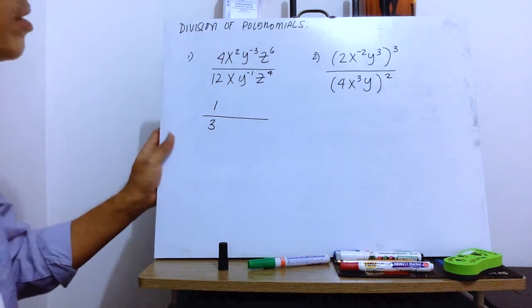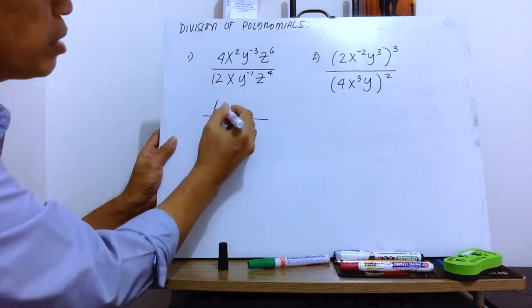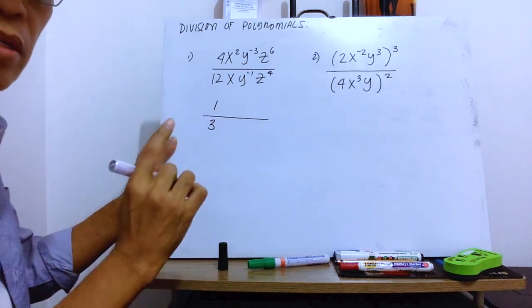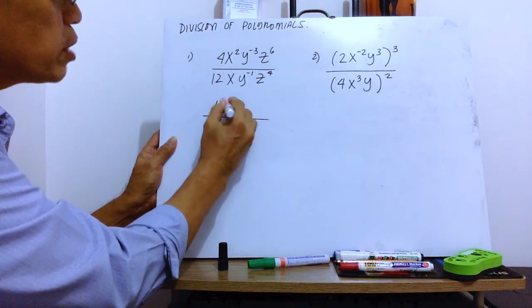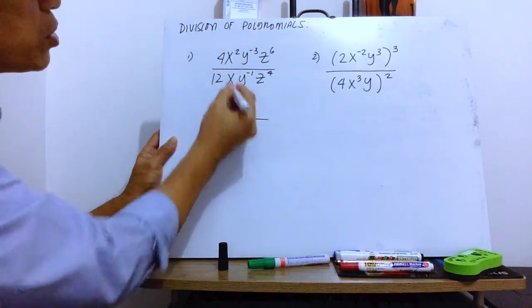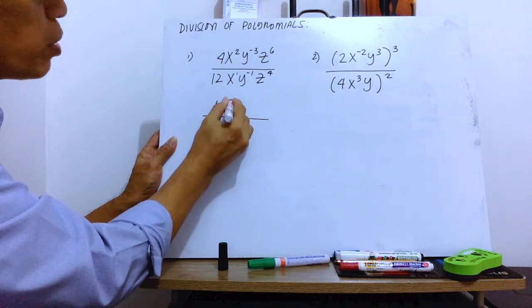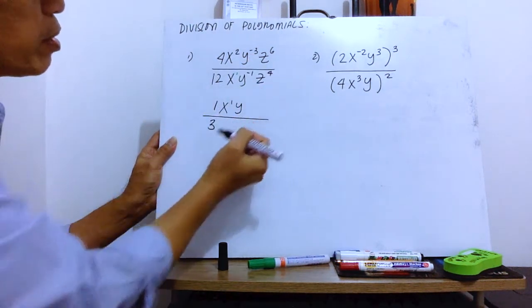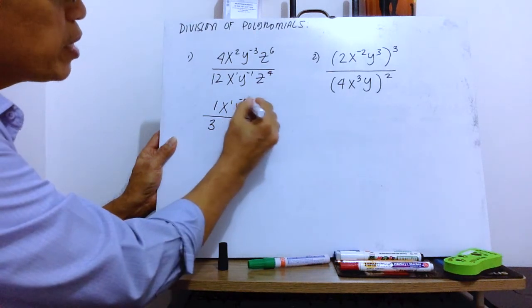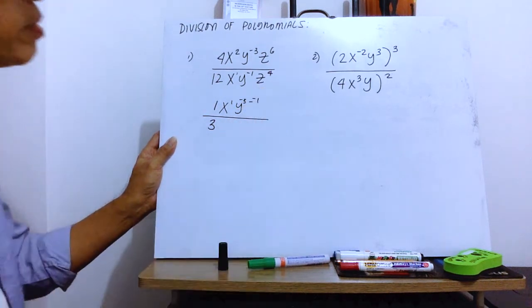Now look at the x. Second rule of exponents. Subtract the exponents, right? When you're dividing it. So 2 minus 1 is 1. And then for the y, it's actually negative 3 minus negative 1.